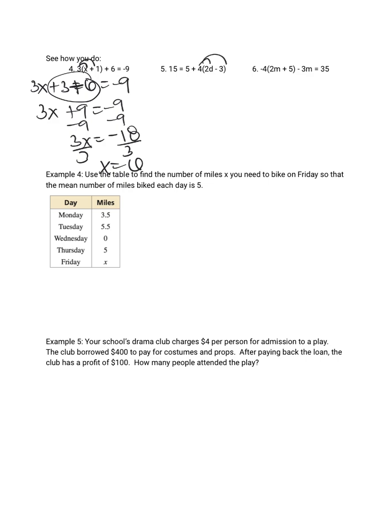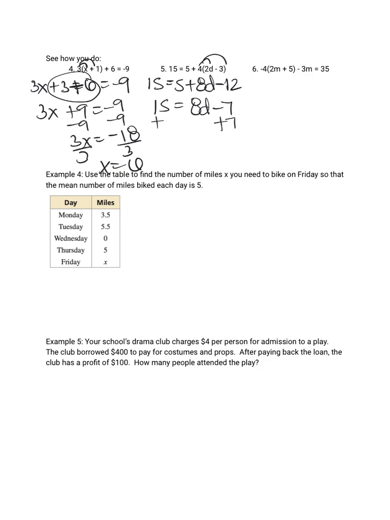Here we're just distributing at the back, so we're going to come up with 15 equals 5 plus 2 times 4 is 8. And then 4 times 3 is 12. Positive times a negative is a negative, so we're going to keep that minus 12. Combine the 5 and negative 12, so we're going to get 8d minus 7.